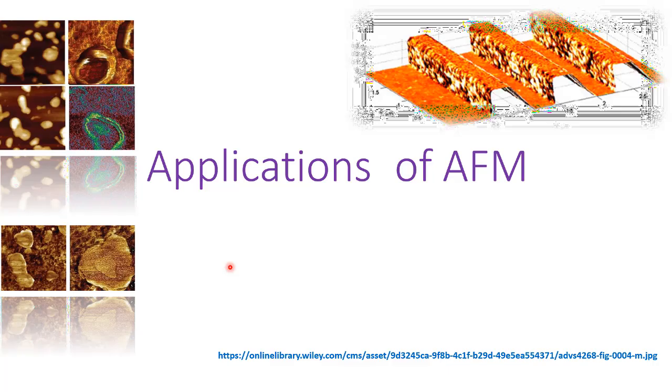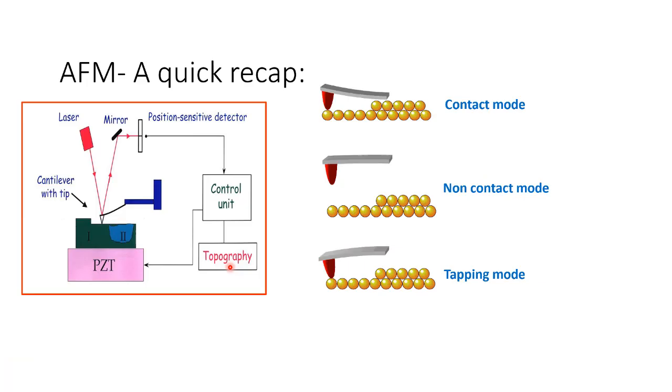Now coming to the applications of atomic force microscopy. Just before the application, I'll give a very quick recap. In AFM, we have a cantilever with a tip attached, and the deflection is observed with the help of a laser.